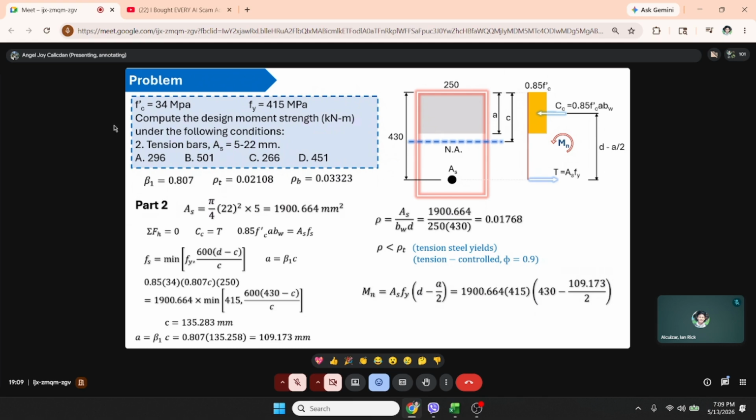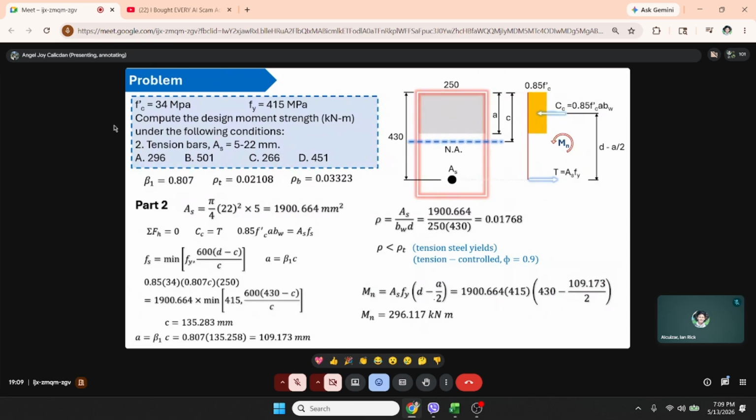So, solving for the nominal moment, Mn is AsFy times d minus a over 2, is just 1,900.664 times 415 times 430 minus 109.173 over 2.